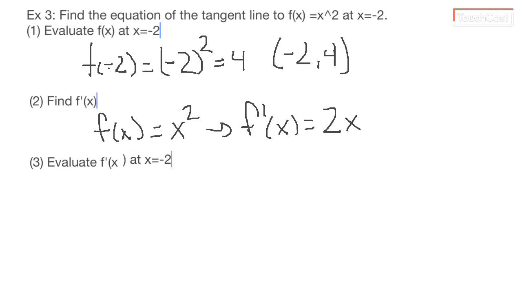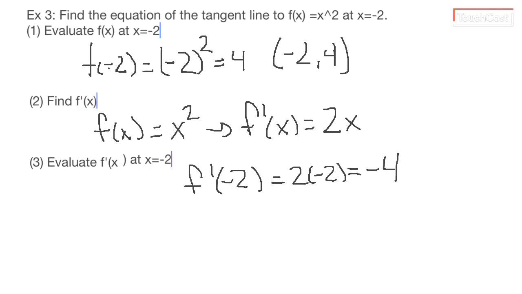What this is going to do is tell us the slope when our x value is -2. So f prime of -2 is going to equal 2 times -2. Well, 2 times -2, that's -4. So that means the slope of our tangent line is -4.